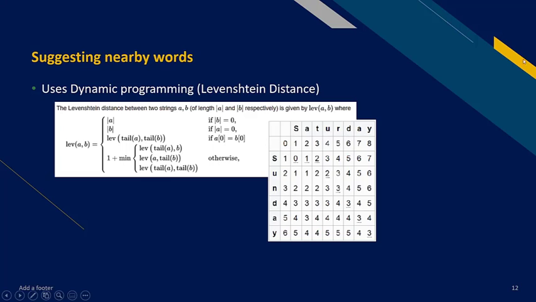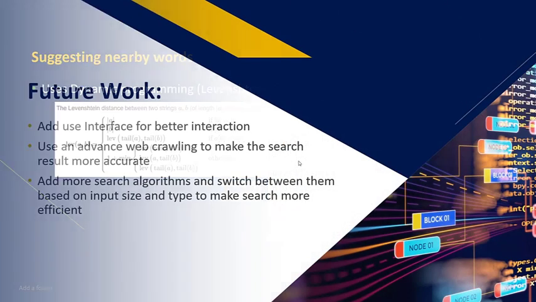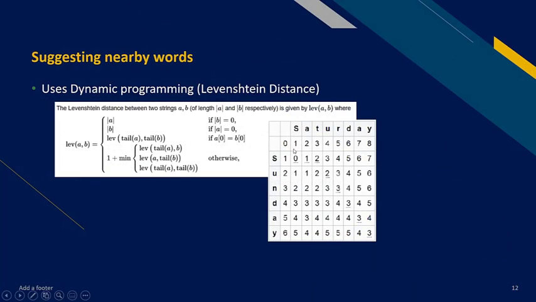So the insertion, deletion, and the replacement values are the, I'm sorry for that. So let us just take 2 strings. One is Saturday and one is Sunday, and we're gonna derive a Levenshtein's distance table for it.